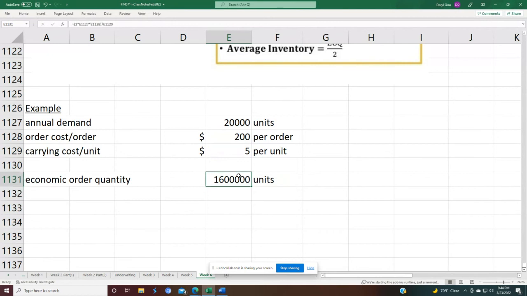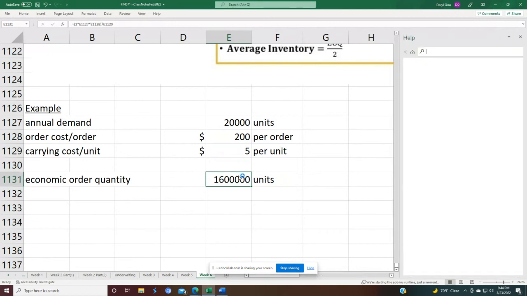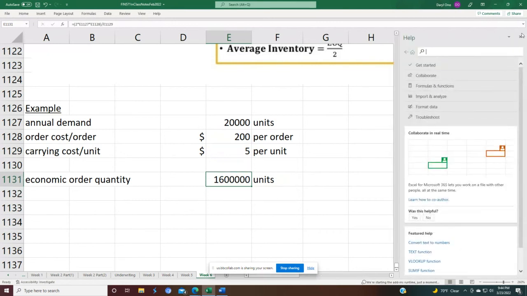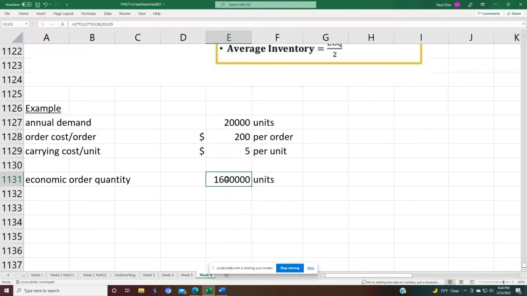Okay, and let me take the square root of that number. I take the square root of all of this.